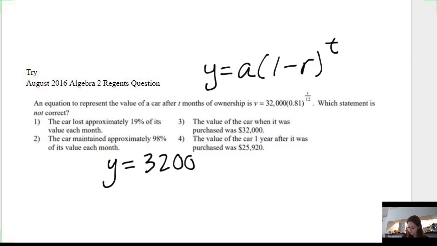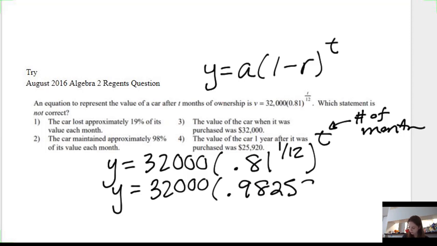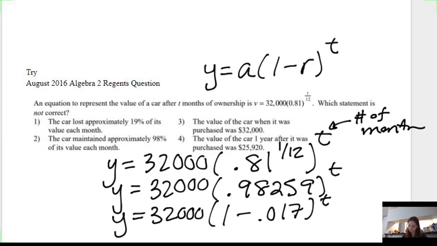It's 32,000, which is the initial amount, times 0.81 to the 1/12th power all to the t. Because t is the number of months, so this is going to be number of months. And y equals 32,000, this is about 0.98259 to the t. 1 minus 0.017 to the t power.